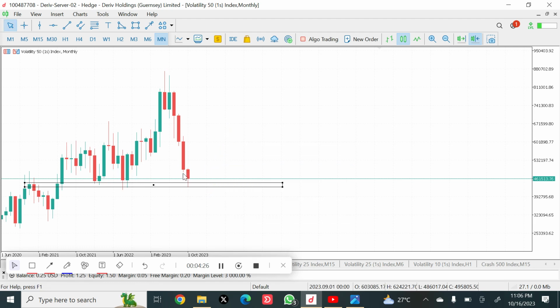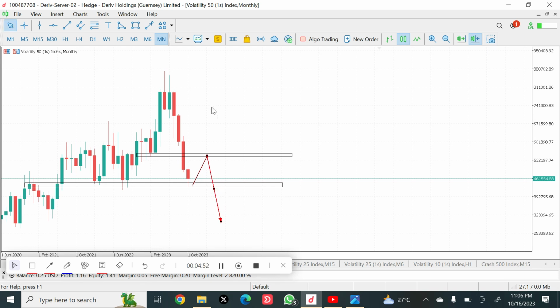All right, so what do we expect when price revisits a zone like this? Because we have switched bearish by breaking this low at this spot, what I'm expecting currently is for price to retrace into this area before we get that push to the downside for a sell continuation on this particular asset.